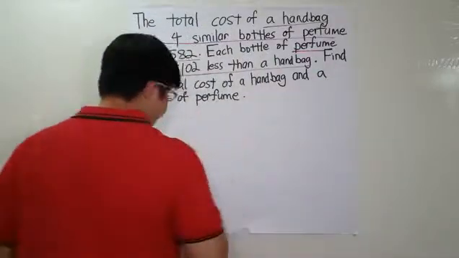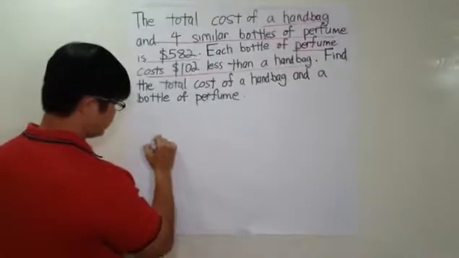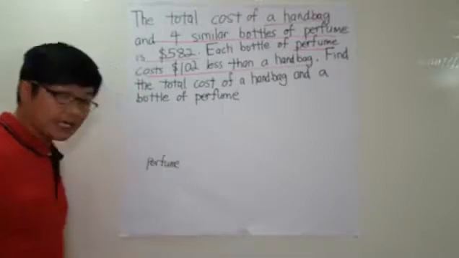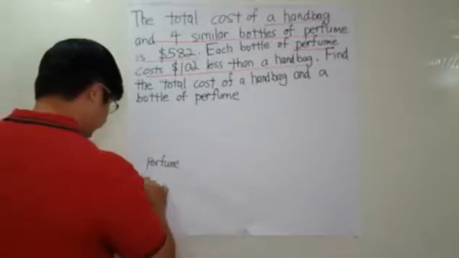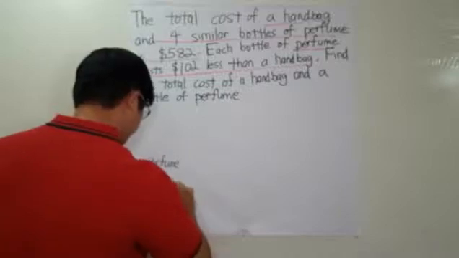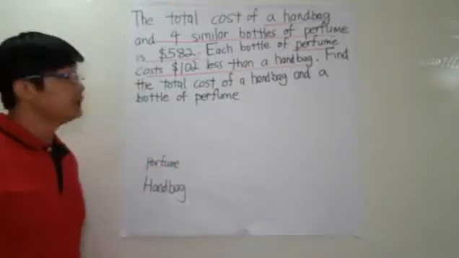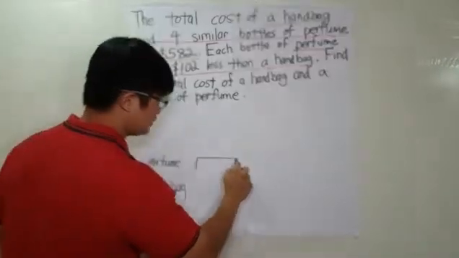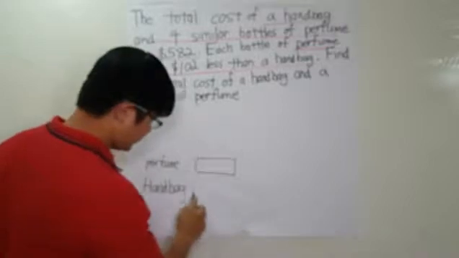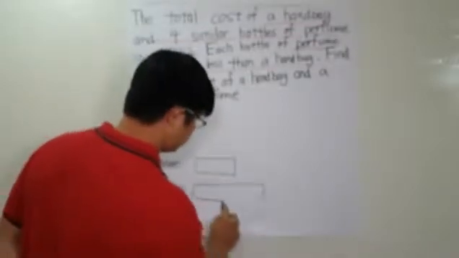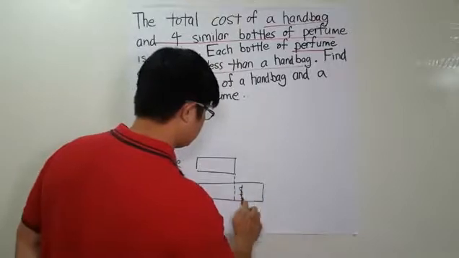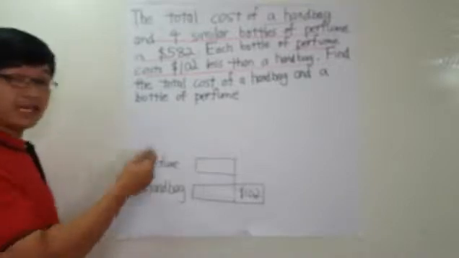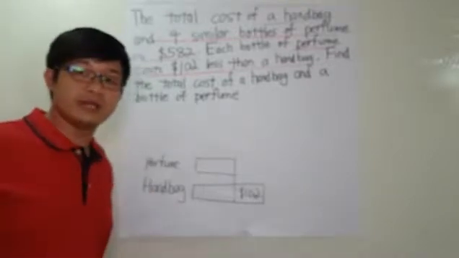So we start by drawing 1 bottle of perfume, and 1 handbag. The handbag costs $102 more, the perfume costs $102 less. So I will draw a smaller box for the perfume and a bigger box for the handbag.